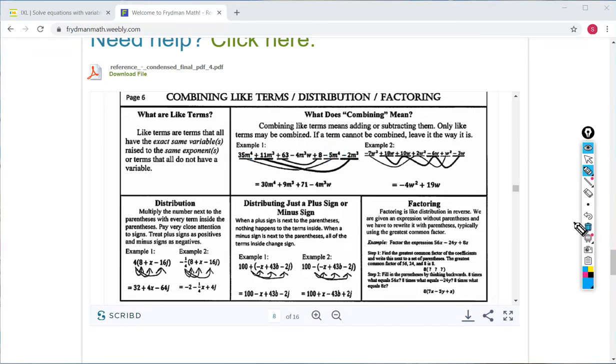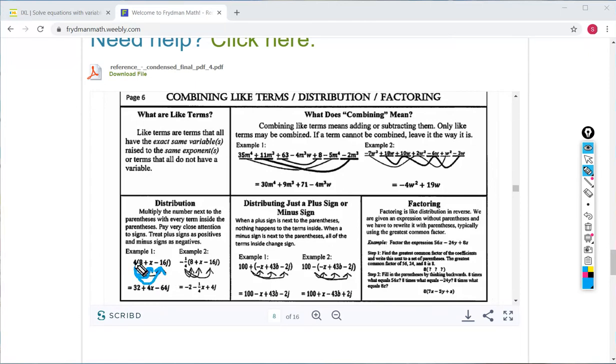And when we distribute, it just means we're taking what's in front of the parentheses and we're multiplying it with every term inside the parentheses. And you have to pay close attention to signs here.